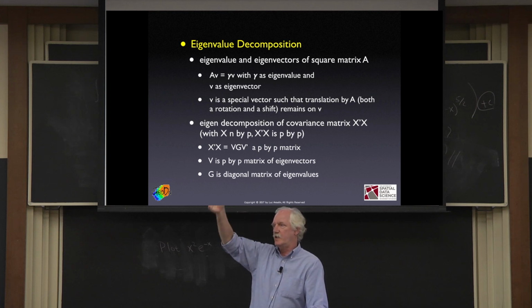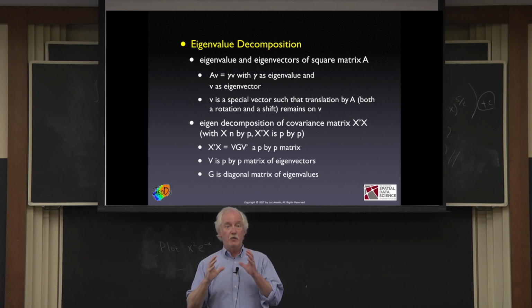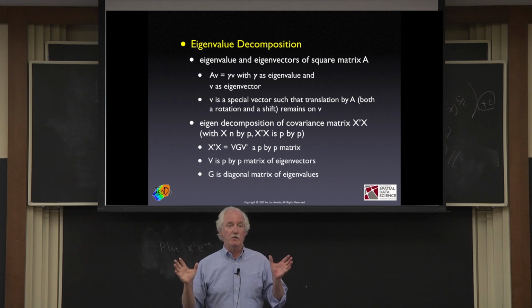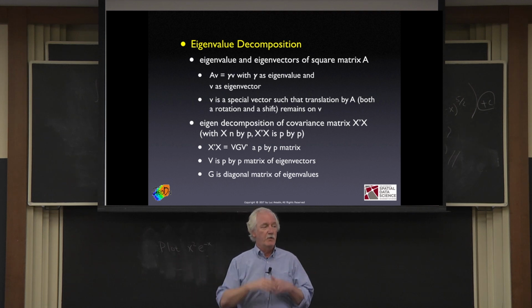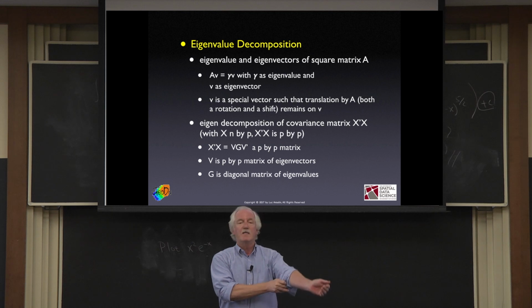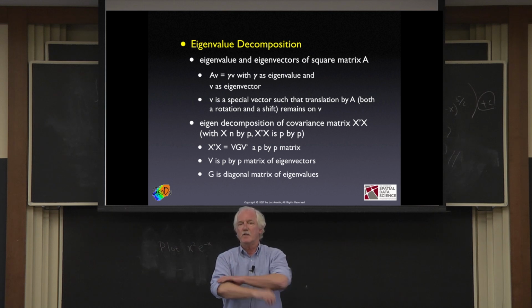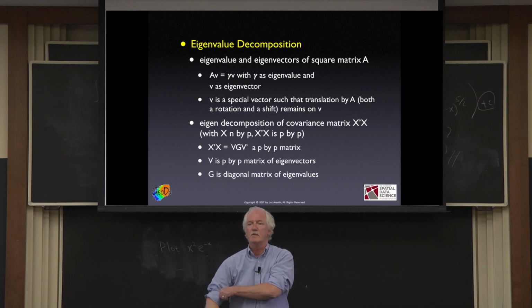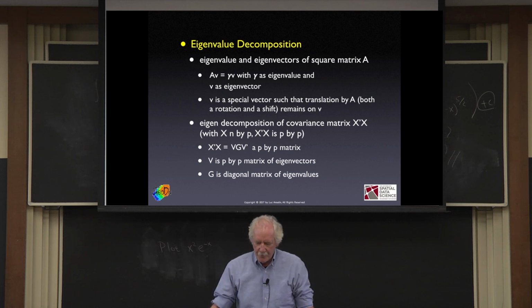And so the product of these two, p by n, n by p, is a p by p matrix. P is good, that's small. N is not good, that's large, right? So this works for as big a data. It's not n that matters, it's p that matters, the number of variables.